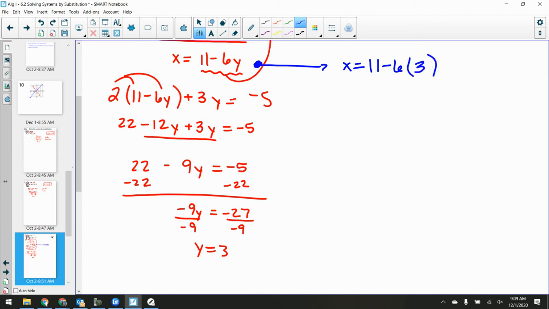I already created myself an equation that solves for the variable that I want to find. Don't do more work than you have to. So we've got x is equal to 11 minus 18, or negative 7. My final answer, negative 7, 3.